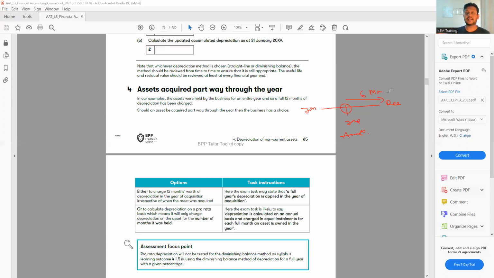And if you sell the machine, you will not charge any depreciation. That could be explained in the question. But if the question says to calculate the depreciation on a month by month basis, in this case we have to see how many months we have used that machine, and calculate the depreciation based on that use. So let's have a look at one question, and maybe we'll understand more from there.